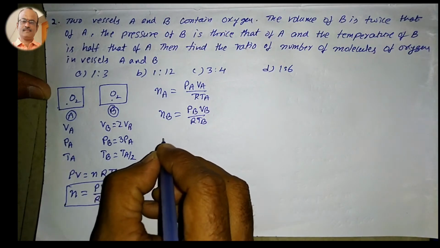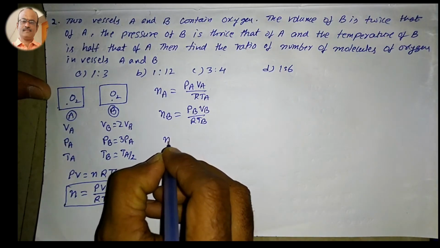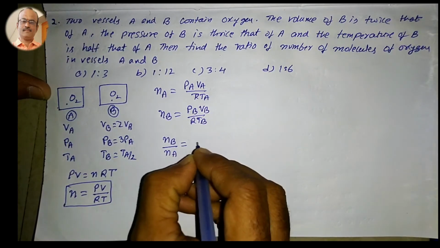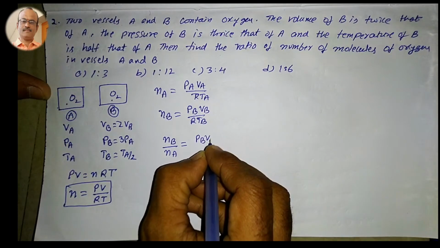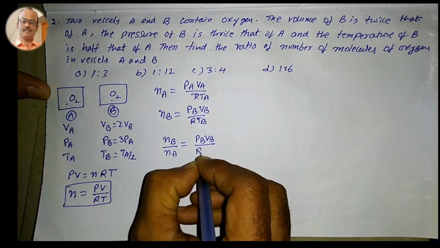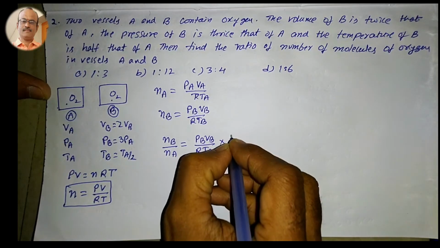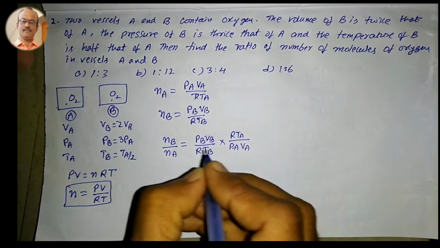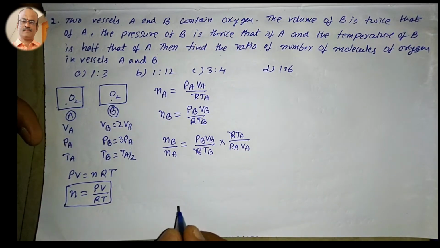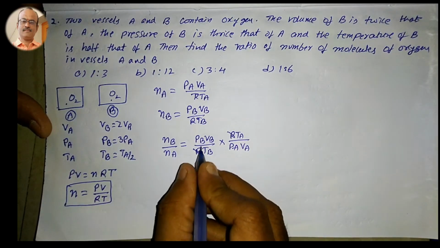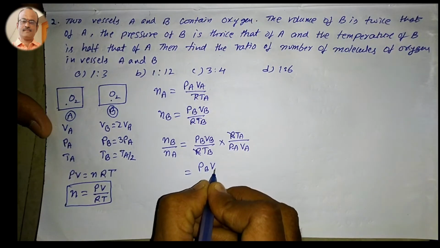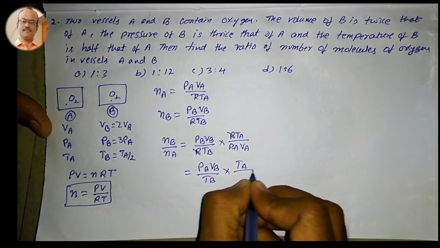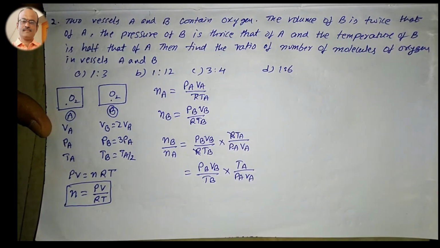But here the ratio, the number of molecules B divided by A, is equal to PB VB divided by R into TB, into R into TA divided by PA and VA. So R cancels, that is the universal gas constant. Here PB, VB and TB, and here TA, PA and VA.